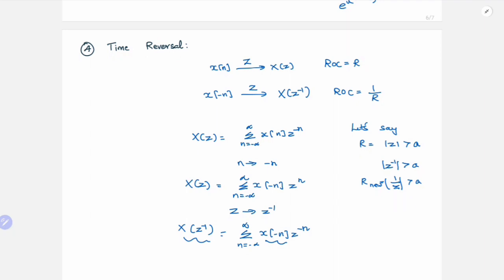If your original ROC was mod z greater than a, then you can rearrange this to get mod z less than 1 by a. So this will be your new ROC. You can also observe that your right-sided signal has become a left-sided signal. So that is what you are also supposed to observe here. Okay. So our next property will be time expansion.